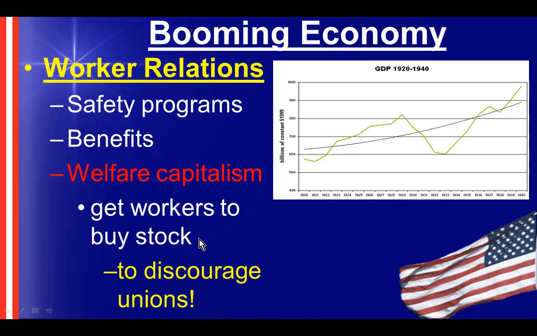Working relations with workers and workers' unions and business owners, industry owners also changes here. Work was looked at by industry owners as something that needed to be stabilized as well, and we have relations shifting here a little bit to the positive with industrialists trying to come up with safety programs, some benefit packages of various sorts, and this is called welfare capitalism.